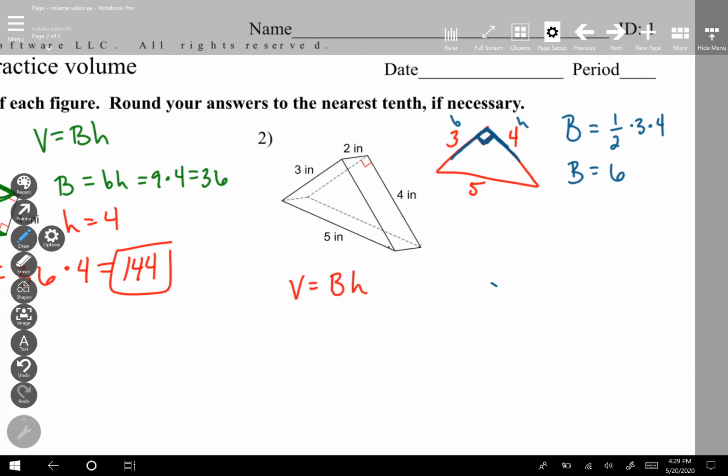Now, let's go over here, and I'm going to have my prism again. This time, the dimensions are going to be blown up by a scale factor of 3, so they're going to be 3 times as large. So this 3 is going to become a 9.